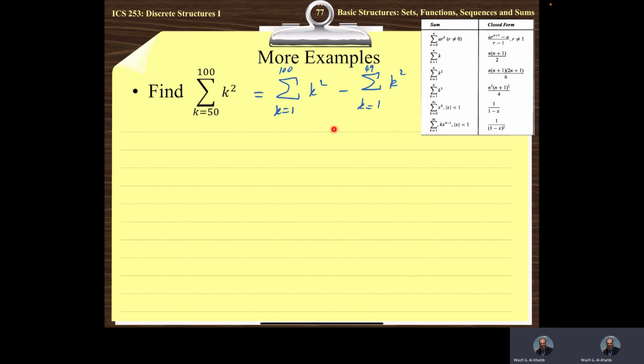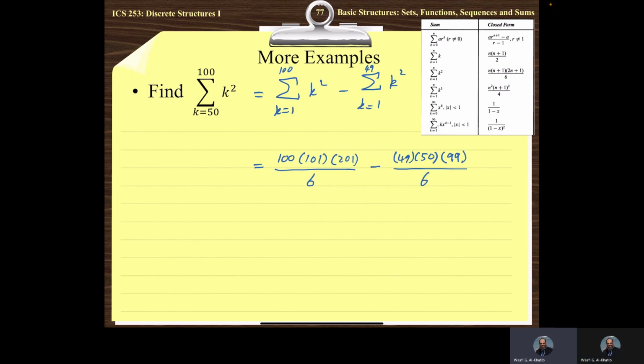From 1 to 49. Now, can I apply the rules on these two summations? Yes, now it's very easy to apply the rules on these two summations. This is equal to what? Well, this is equal to 100 times 101 times 201. Correct me if I make a mistake. Divided by 6, right? n times n plus 1 times 2n plus 1 divided by 6, minus 49 multiplied by 50 multiplied by 99, right?